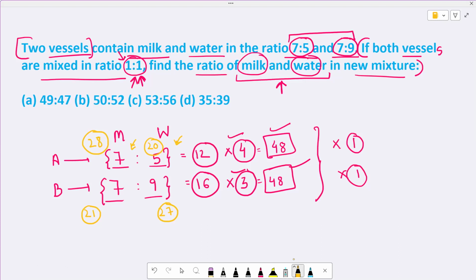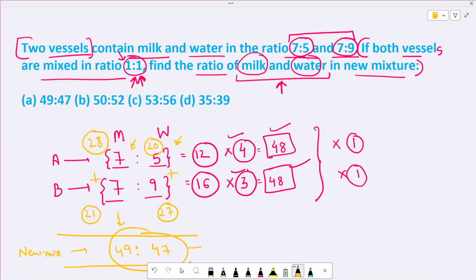And what the question is asking, find the ratio of milk and water in the new mixture. So for the new mixture, we can write down here, new mixture. New mixture will have milk 49 as we sum 28 plus 21, and water will have 20 plus 27, which is 47.